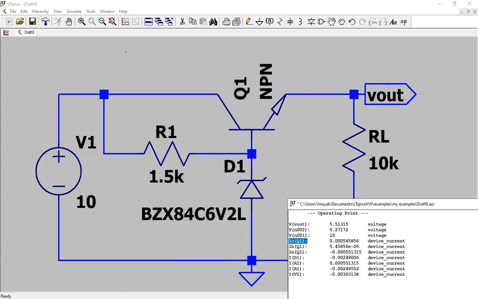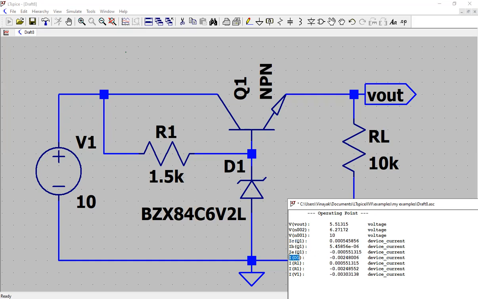Now there are ICQ1, IBQ1, and IEQ1. That's basically the collector current, which is about 0.5 milliampere, the emitter current, which is about 0.55 milliampere, and the base current in the middle, which is about 5.45 microampere. So IC divided by IB will give you the beta, that is the transistor gain.